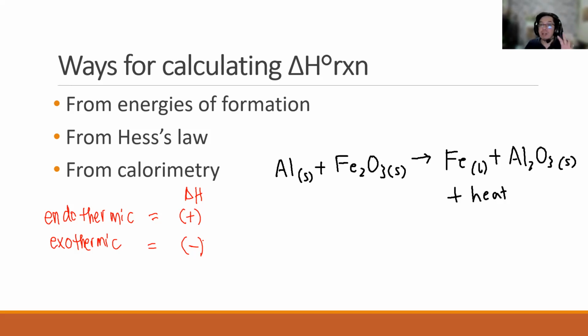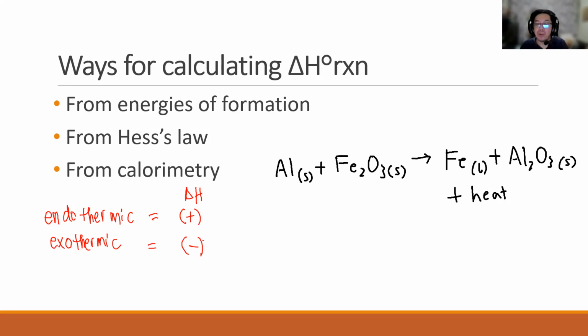So let's now proceed with delta H of reaction. The question here is, how can we quantify delta H of reaction? Please take note that delta H of reaction can be derived in three ways. Number one will be the energies of formation.